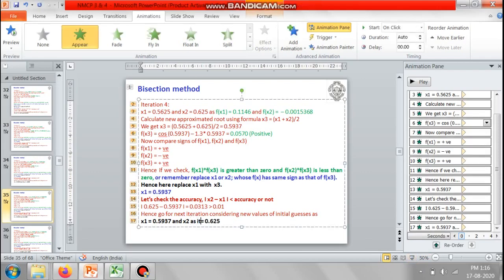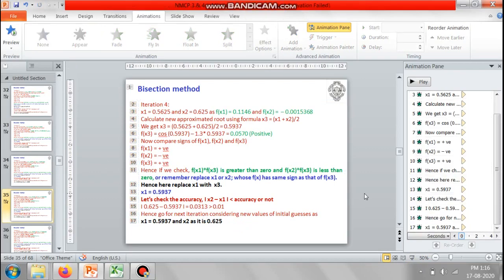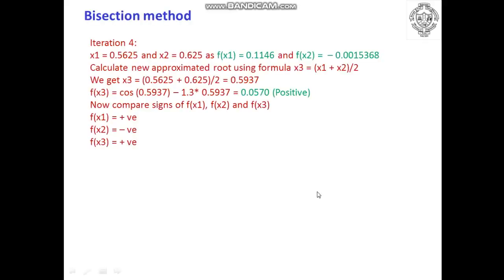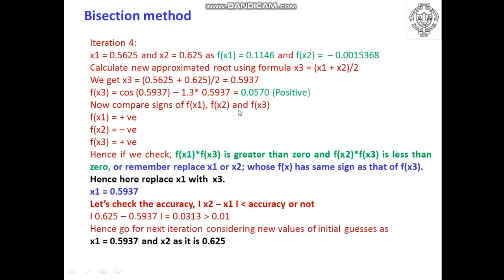So the x2 value will be equal to 0.625. So now if we go for the next iteration, assuming the same values of x1 as 0.5937 and x2 as it is, 0.625. So let us go for the next iteration.